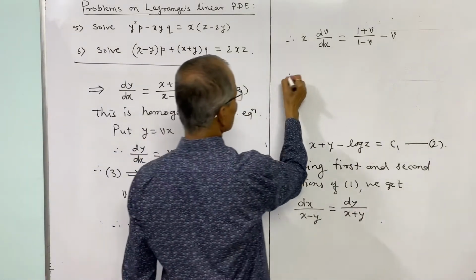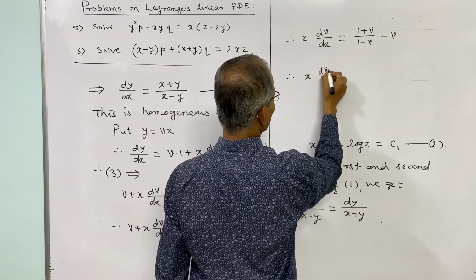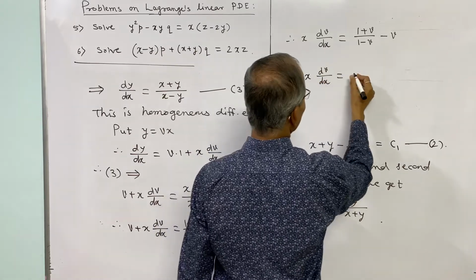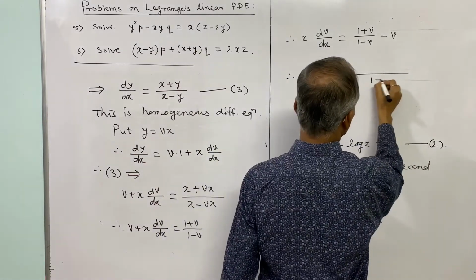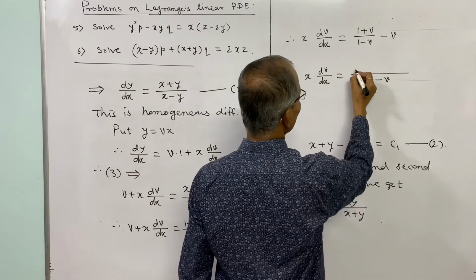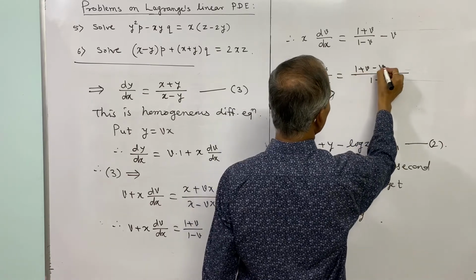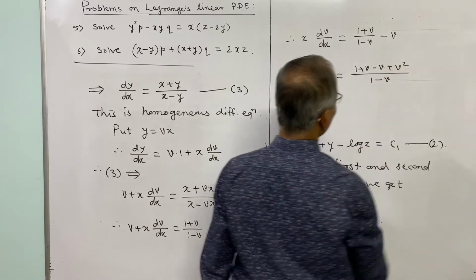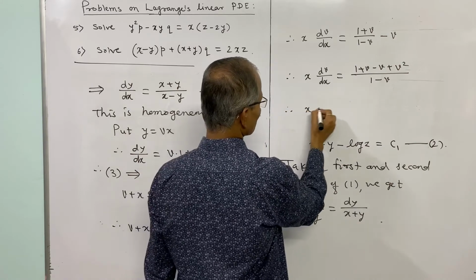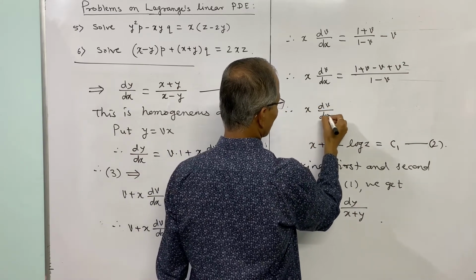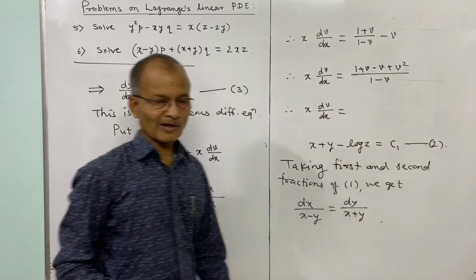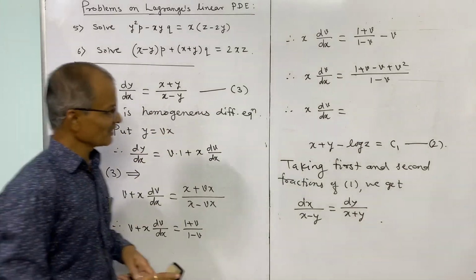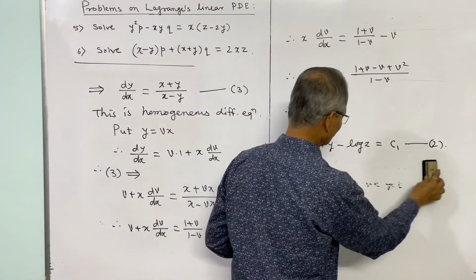Take the LCM as 1 minus v, and the numerator will be 1 plus v minus v plus v square, so x times dv by dx is equal to... the method of homogeneous differential equation we are using.